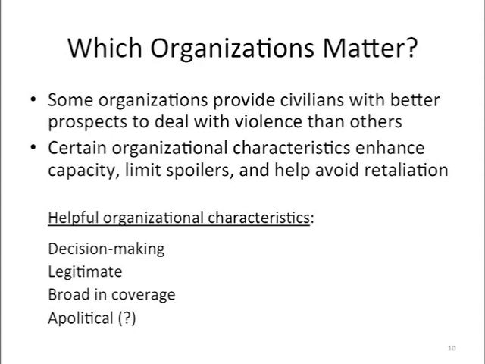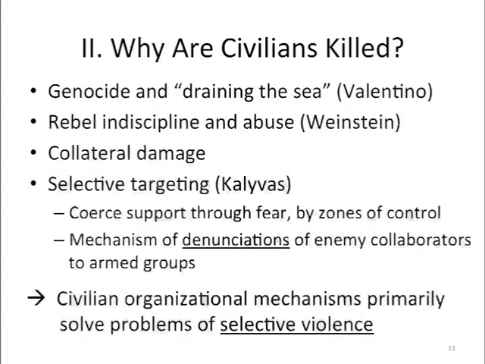And lastly, this is perhaps a controversial one, but to the extent that local organizations can remain apolitical and not get sucked into the macro cleavages of armed conflicts, they're able to have a better chance at avoiding retaliation from one party of a conflict or another. So these are the reasons why organizations can actually provide some benefits to dealing with armed conflict violence.